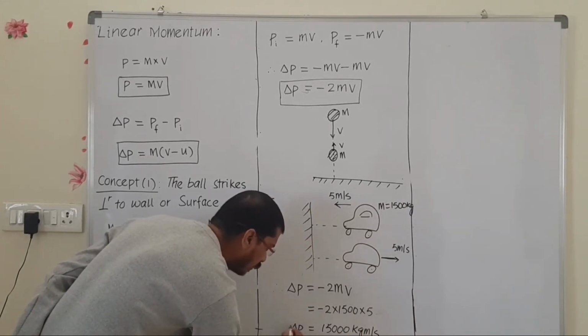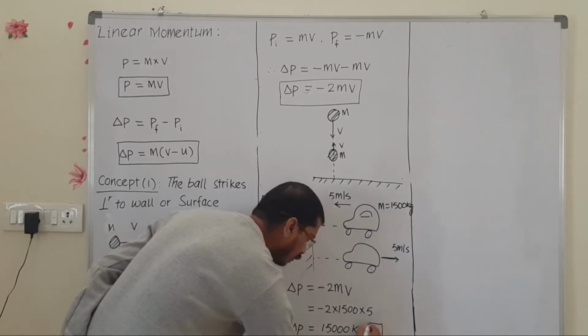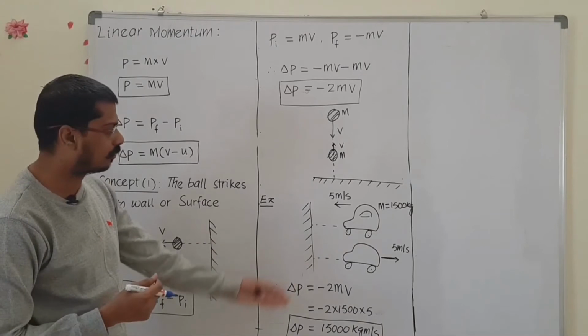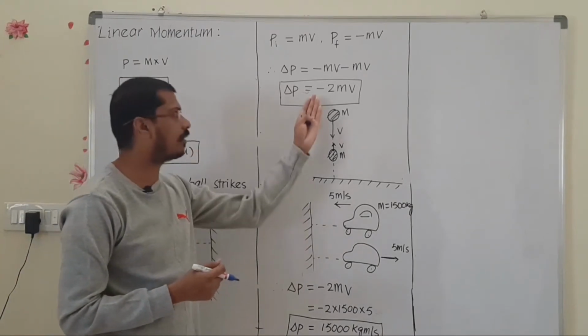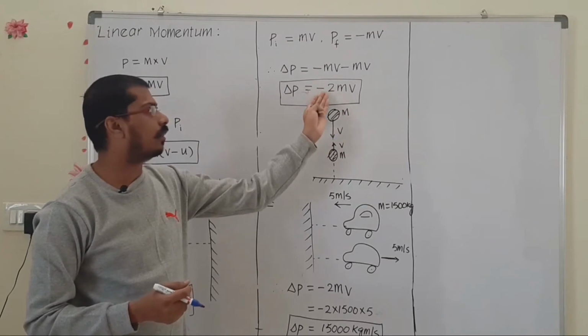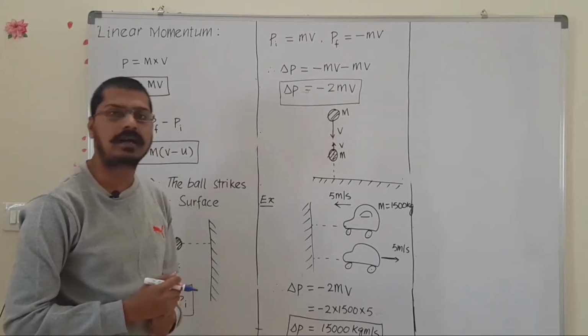This is the change in momentum. Like that only we can follow; no need to do all the other things, directly we can substitute the values given in the concept, and we will get the answer.